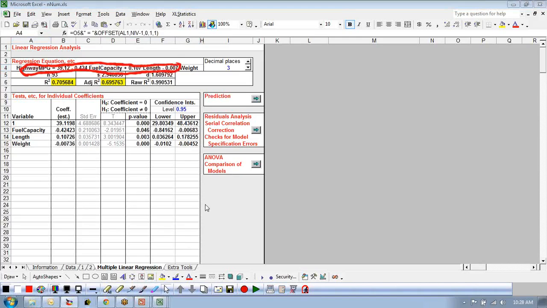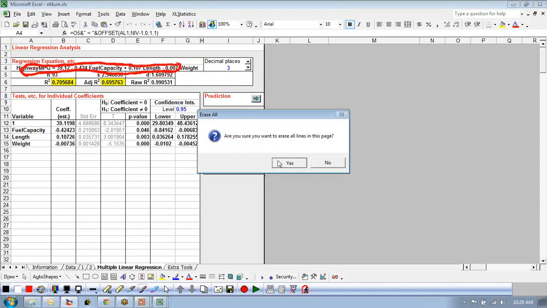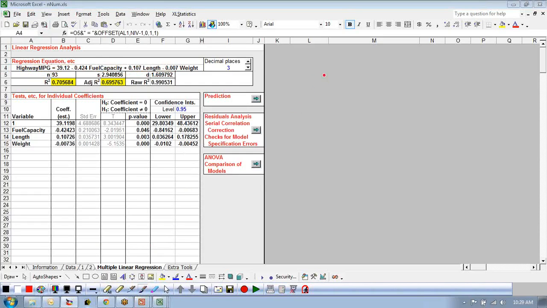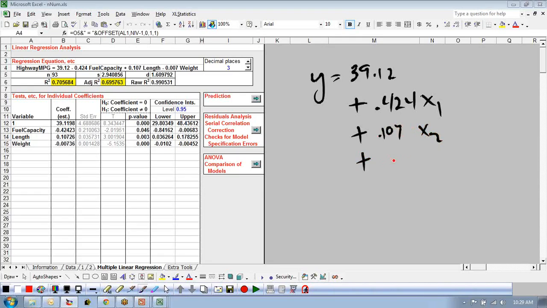So we end up with a model that looks like y is equal to 39.12 plus 0.424 X1 plus 0.107 X2 plus 0.007 times X3, where X1 is fuel capacity, X2 is length, and X3 is weight.